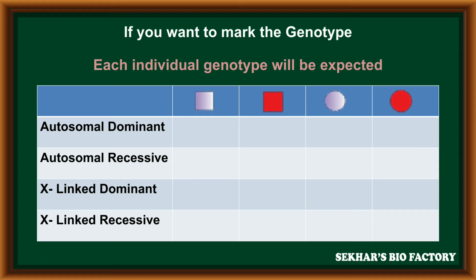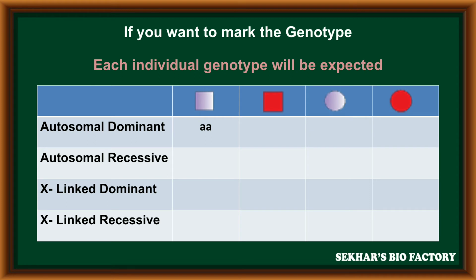To identify the genotype, it's a very simple method. Take the unaffected male. In case of autosomal dominant, the disorder transfers to the next generation in the dominant condition, and it is linked with autosomes. So if a dominant allele is there, in such a condition only the individual is affected.